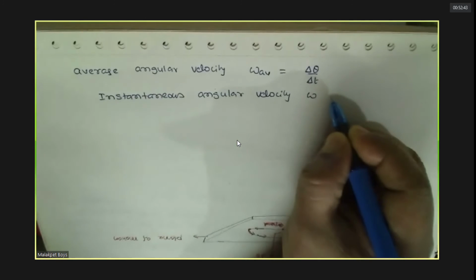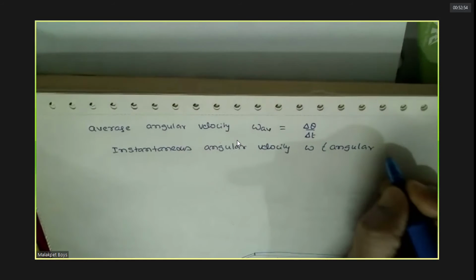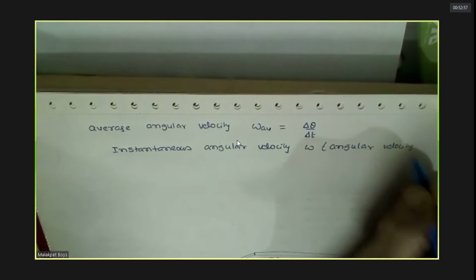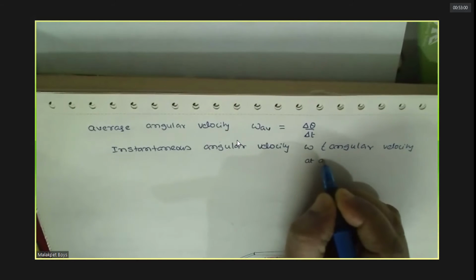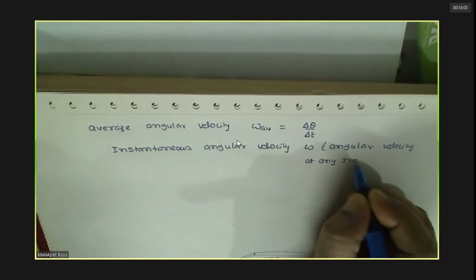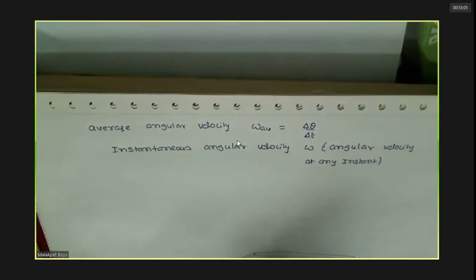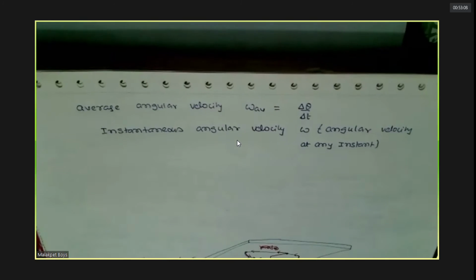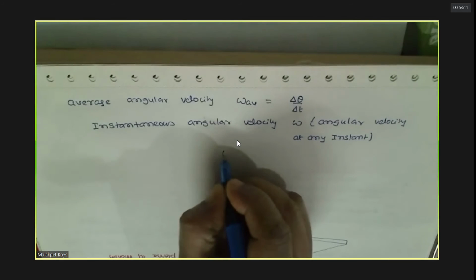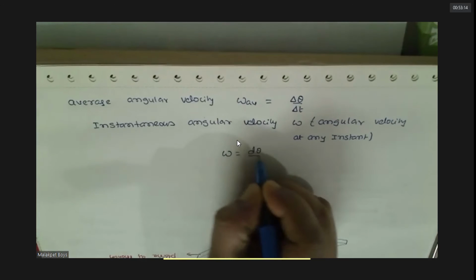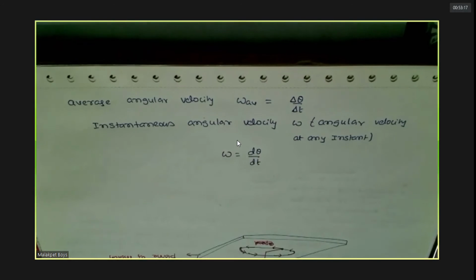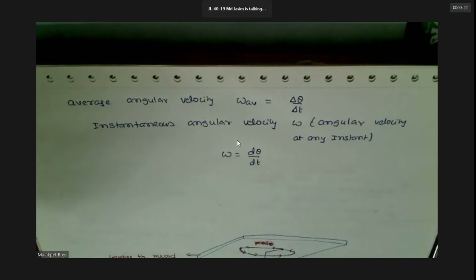That means angular velocity at any instant. Do you agree with this? Clear or not? So here it is defined. When we say angular velocity, it is understood that it is only instantaneous angular velocity. Follow this? Clear, sir.